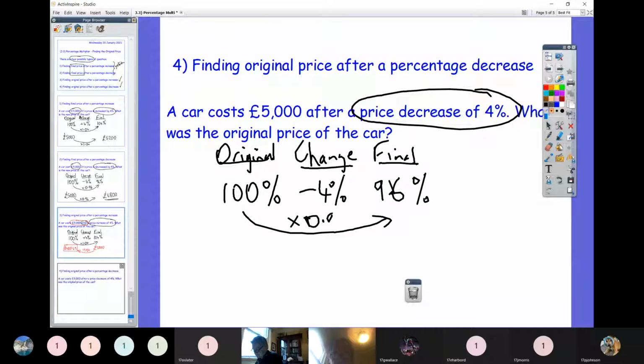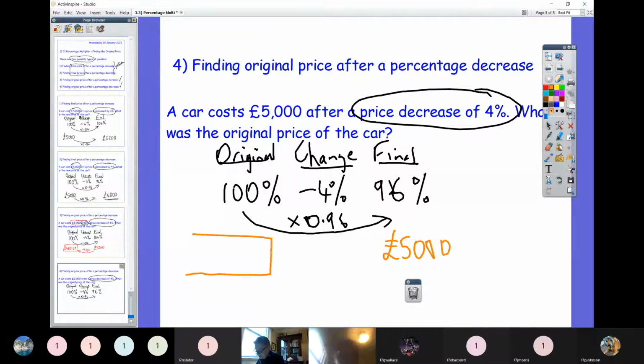If we were going left to right, we would be multiplying by 0.96. Read the question. This £5,000 is the amount after the price decrease. It's after the change, so it goes into the final column. We need to work out the original price.